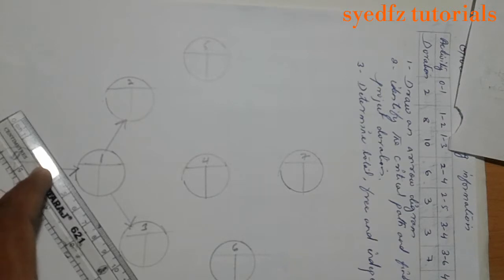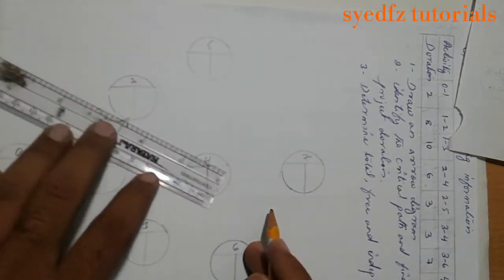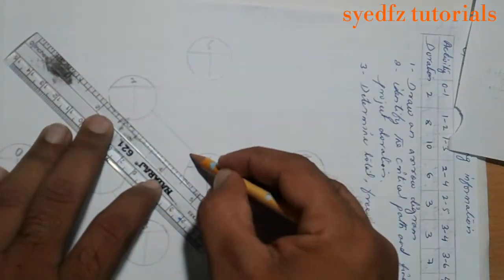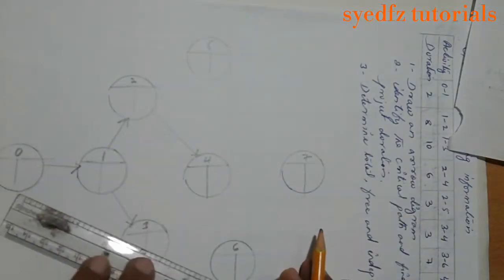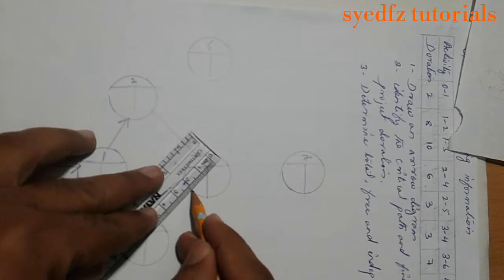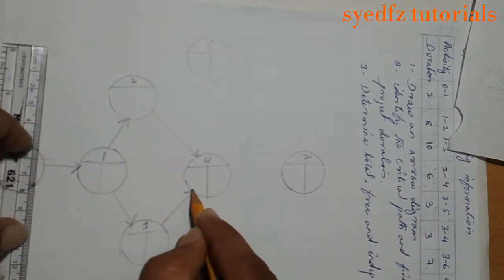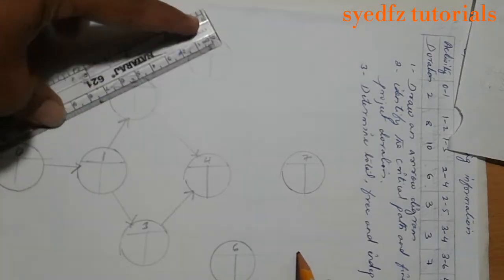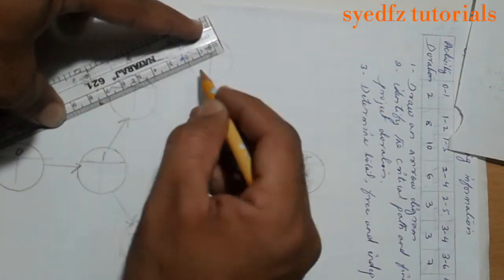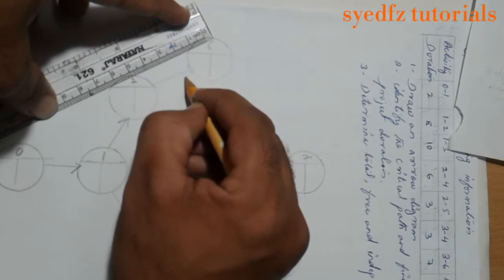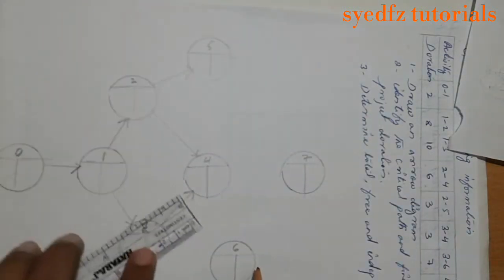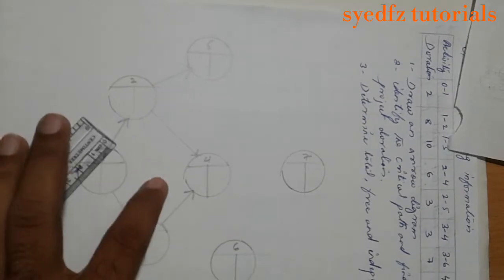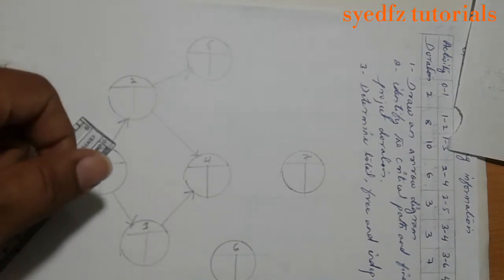Then 2 to 4, and one more activity, 3 to 4. Then 2 to 5, and 3 to 4 is also over.